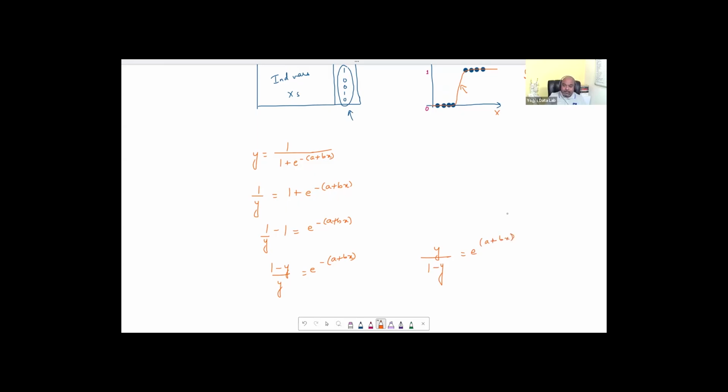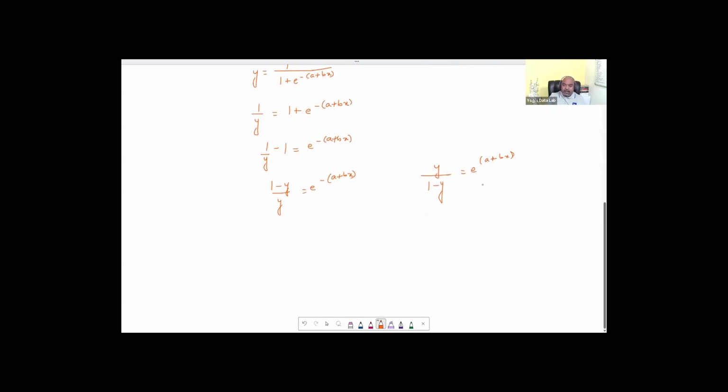Now what do you see here? I have an exponential here. So if I have to bring a plus bx to the base, I will take log to the base e on both the sides. Log to the base e of y upon 1 minus y is equal to a plus bx. Now this term is where y is dependent on a single variable x, but it is a linear equation, which we have seen in linear regression already.